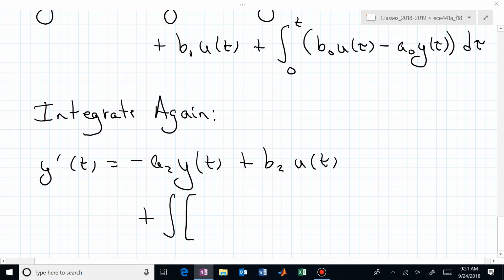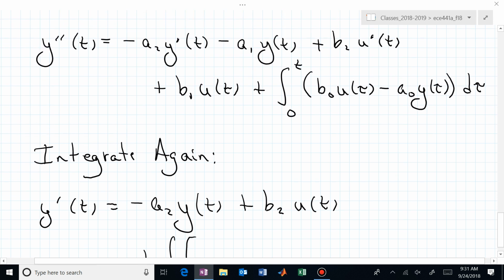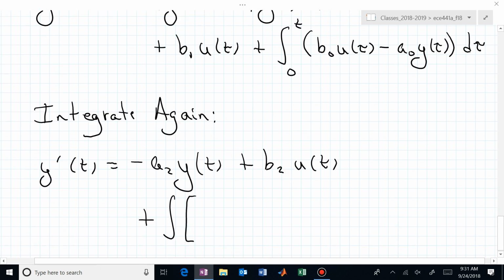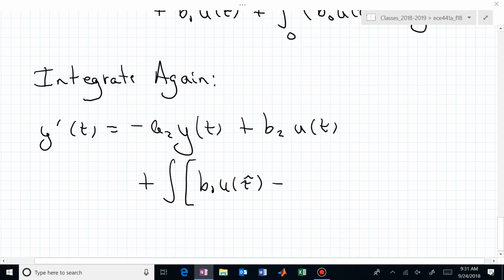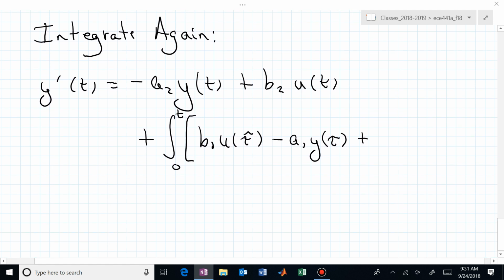And I'm going to try to do this by using appropriate bracketing techniques. So let me now use a square bracket to first integrate b sub 1 u of, let's say, tau hat, minus a1 y of tau hat from 0 to t, plus, and now I haven't closed up that square bracket.